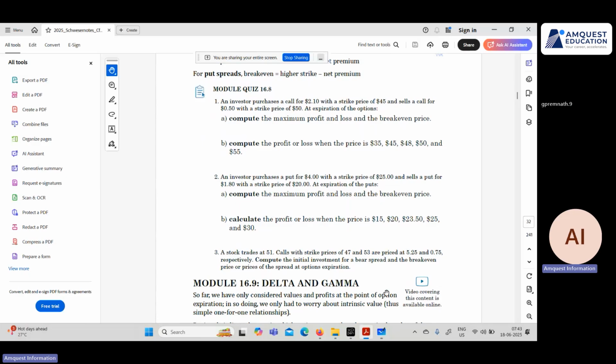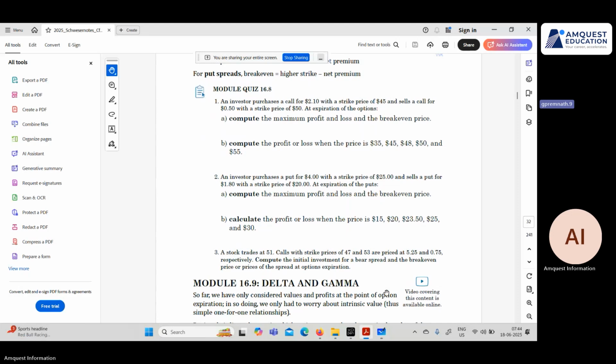Let's just discuss one. The stock trades at 51. Calls with strike price of 47 and 53 are priced at 5.25 and 0.75 respectively.